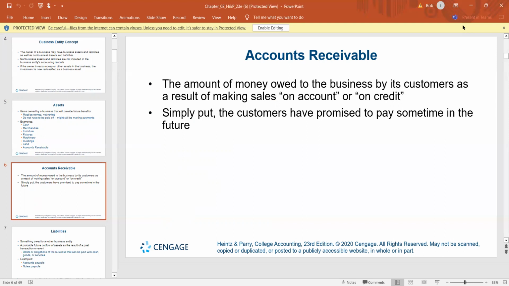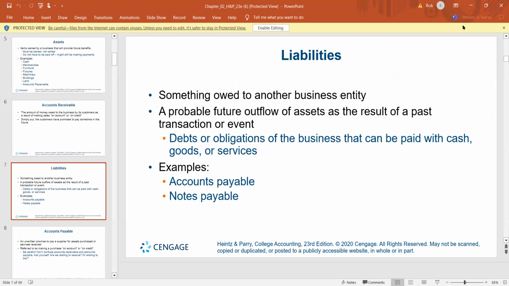That's accounts receivable. Key in on the words on account or on credit. When you see the words on account, you know there is no cash involved in the transaction. We are either going to pay somebody later or we're going to get paid later. So we have assets.